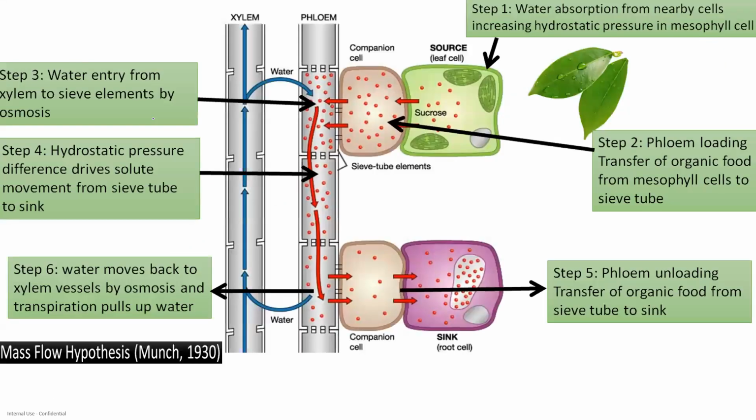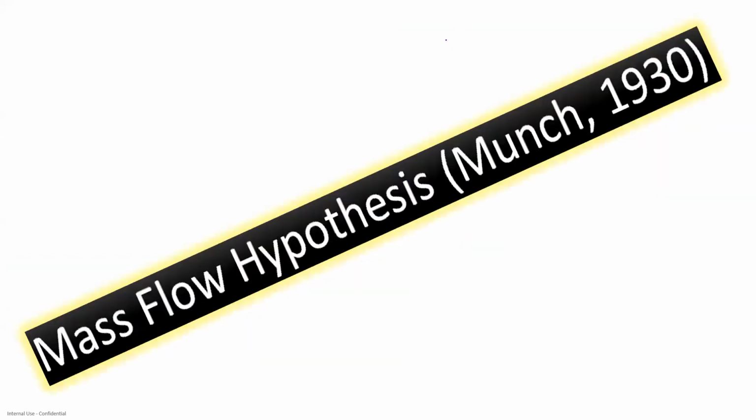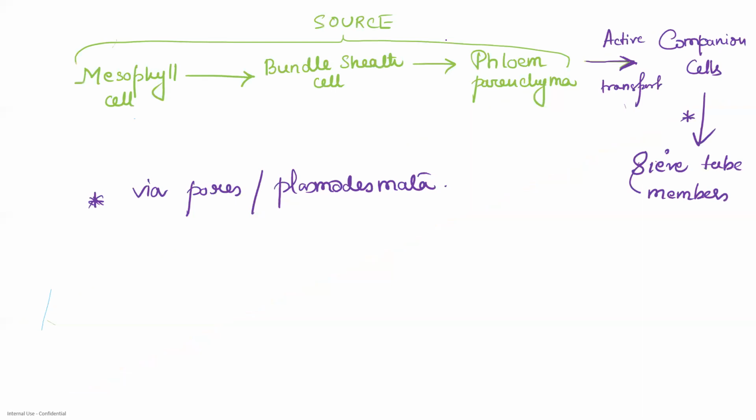These companion cells are intermediary cells. These are intermediary companion cells. Clear? They are connected by a large number of plasmodesmata, as we have discussed.